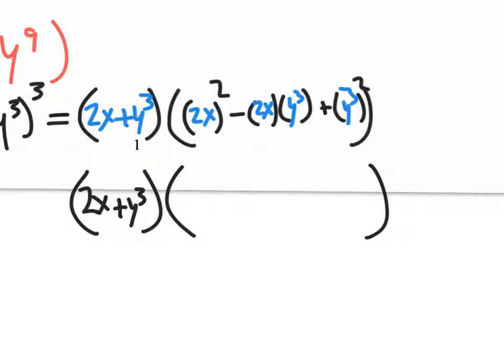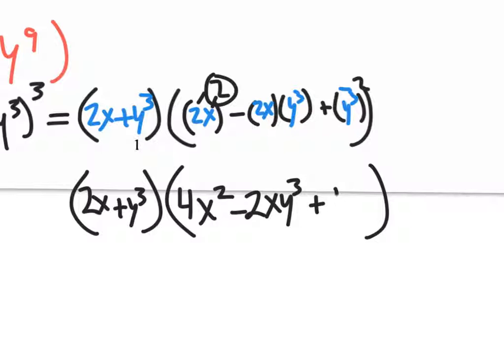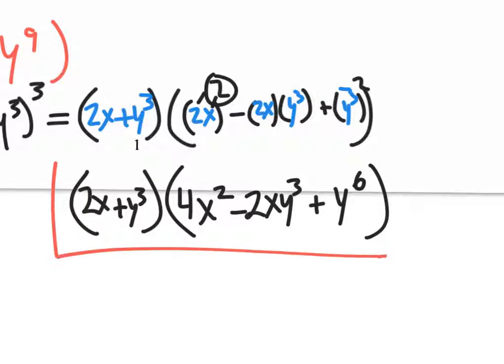The trinomial over here is going to be 4x squared. If you take that 2 and put it on the 2 and on the x, it's going to be 4x squared. Now the middle term is going to be a minus 2xy to the third. And the final term in the trinomial will be plus y to the 6th, power to a power you multiply. Ladies and gentlemen, we're done.